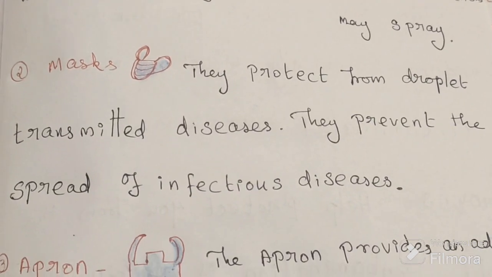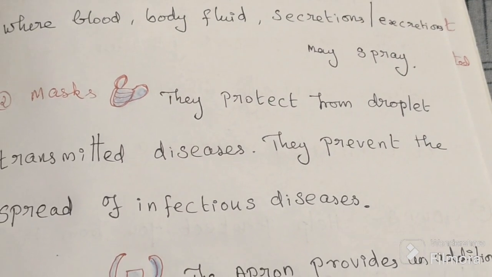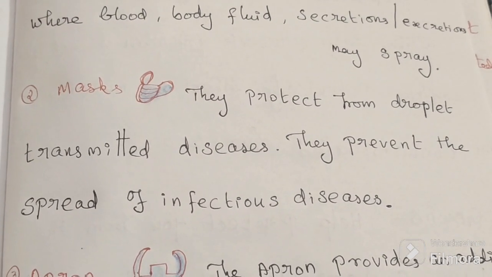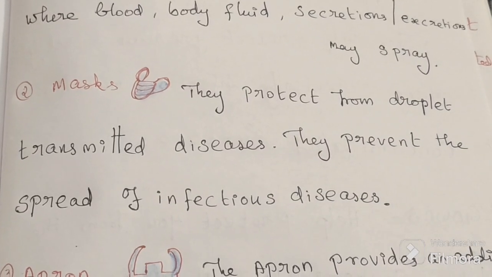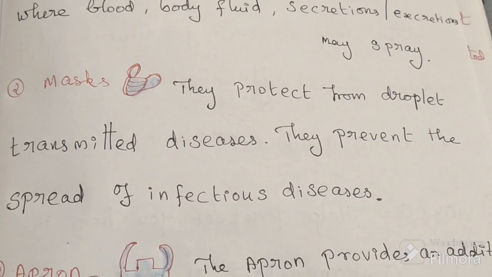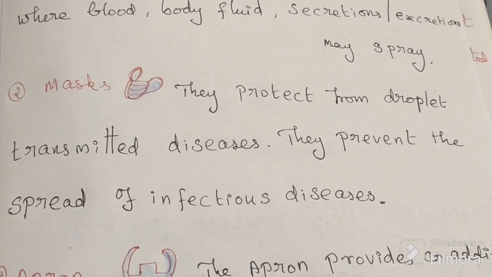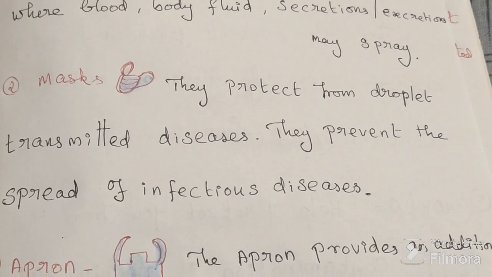Second article is the mask. The mask's main role is to protect from droplet transmitted diseases such as mycobacterium tuberculosis and COVID-19, and airborne transmitted disease.